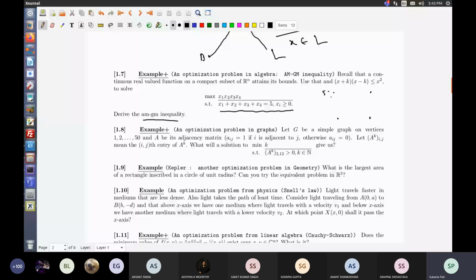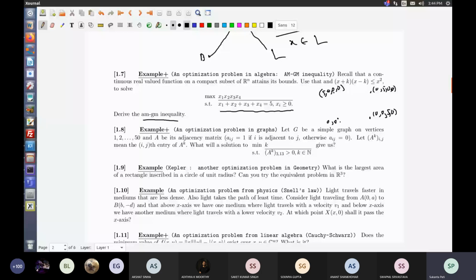And then we take all convex combinations.